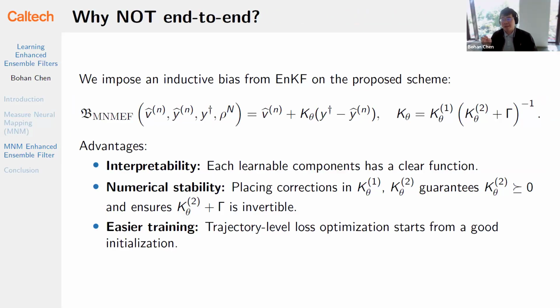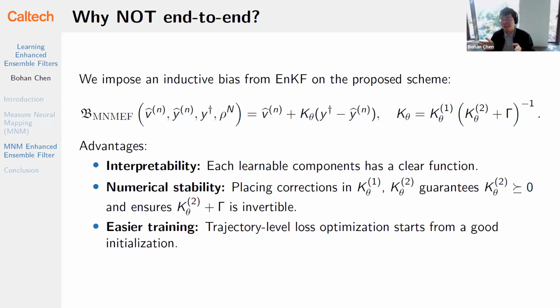Many people may ask, why don't you just simply learn the end-to-end map B here? Because we have the expression of B, why not learn it directly? The way we learn it is that we assume inductive bias, and it has at least 3 major advantages. The first one is interpretability, because as I said before, each component of our learning scheme has a clear function.